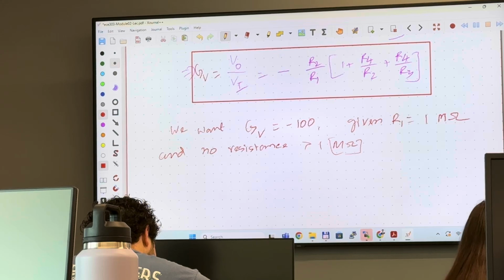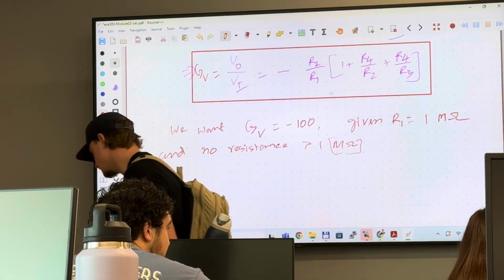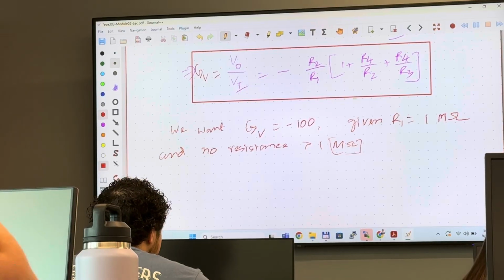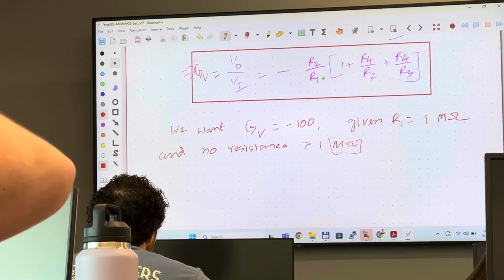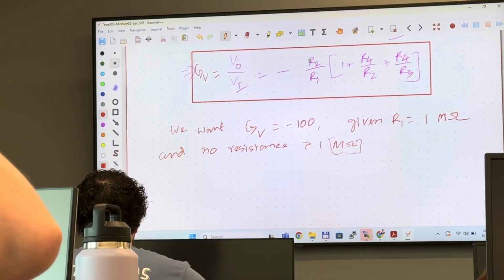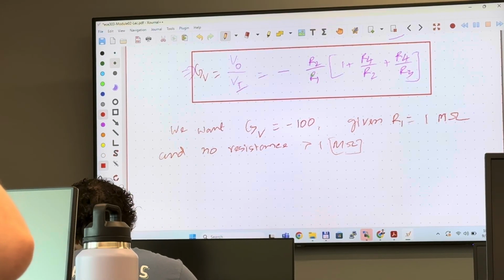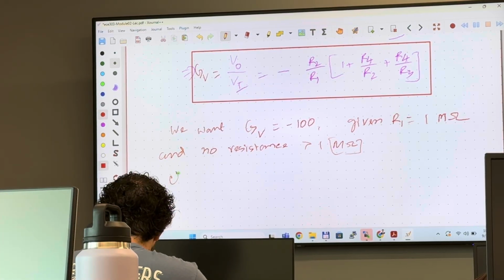Guys, tell me. So I want this part to be 100, right? And in the problem it said that R1 is 1 mega ohm. Let's keep this factor 1. So choose R2 to be 1 mega ohm.